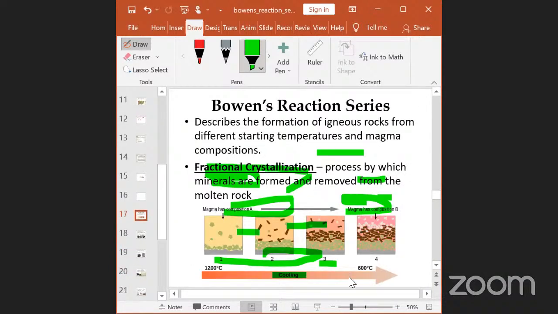So you see some of the pictures, and this is low temperature minerals and this is high temperature minerals, right? This is the process by which minerals are formed and removed from the molten rock.